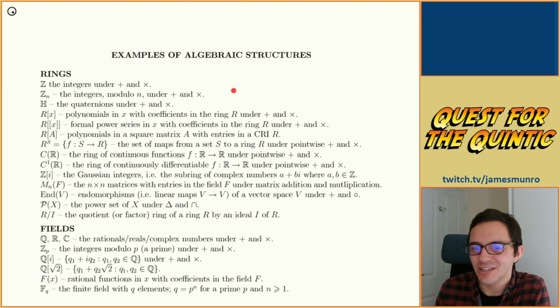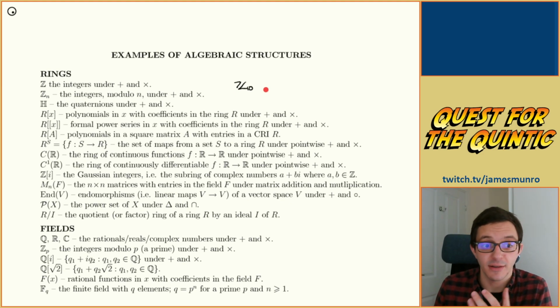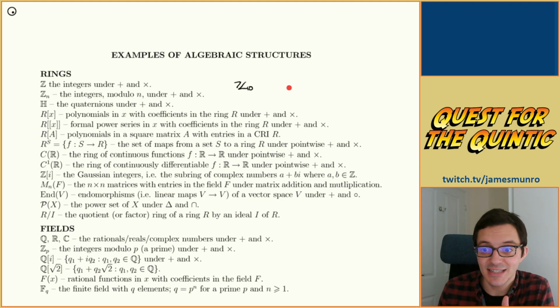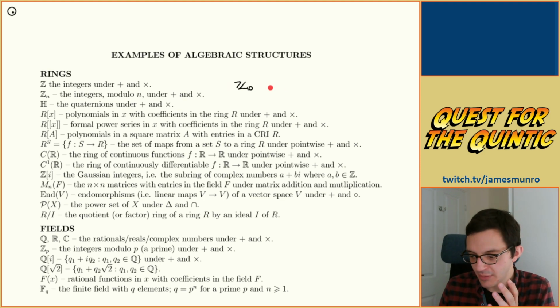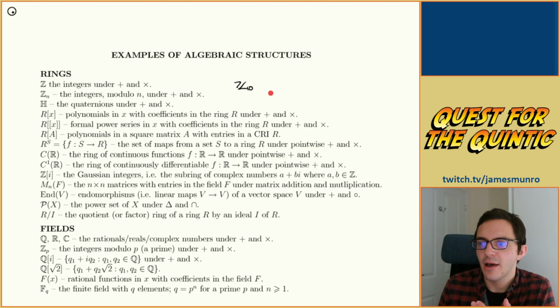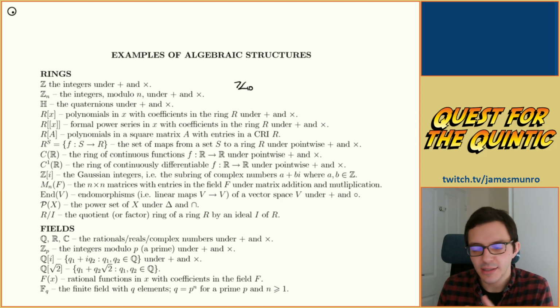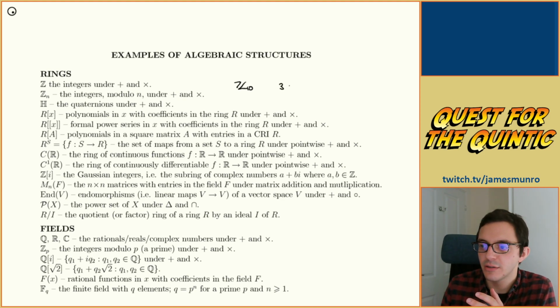So, for example, looking at Z10 would be like looking at the last digit of numbers. So in Z10, there are only 10 objects, 0 up to 9, and the rules for addition and multiplication are, if you like, do your operation, but then only return the last digit.